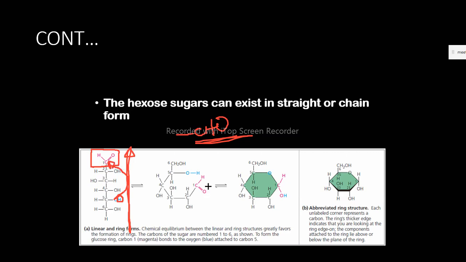As you can see from here, the H is going to be taken up by the O. You see the blue H on O? And then finally, the charge that remains on this O is going to be donated to the carbon, so that you end up forming a ring structure. Are you seeing the ring structure?